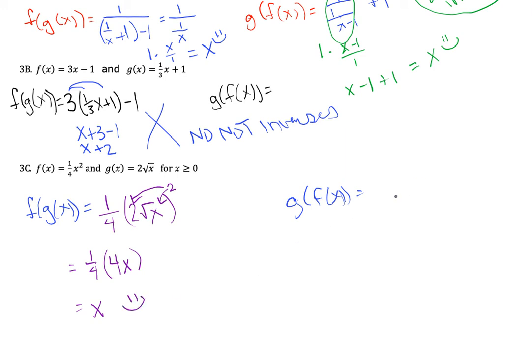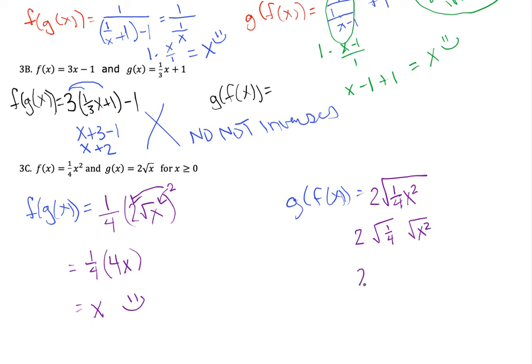Let's do this one. I'm going to take my f function and put it in for my g. So I have 2 square root of, and instead of writing x, I'm writing 1/4 x squared. Now, let's break this apart so it's a little bit easier to see. So I have 2 times the square root of 1/4 times the square root of x squared.